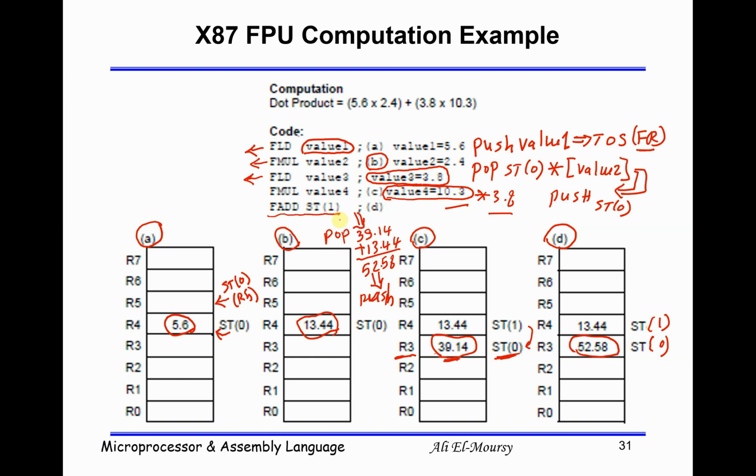So this is the mechanism of how operations are performed in the floating point machine. It's very important for you to understand how these instructions work, and you should be able to do a similar demonstration if you are asked to in exams or quizzes.